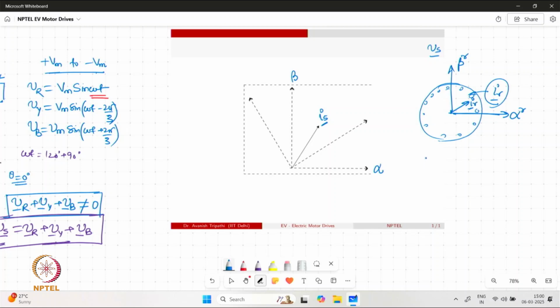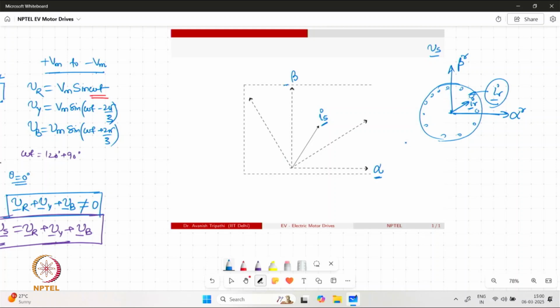Now, whenever we are going to refer to this quantity from a KVL equation which is written in the stator frame of reference, we need to have a correct representation of this vector. So we should be able to write this vector IR in terms of the alpha beta frame of reference.